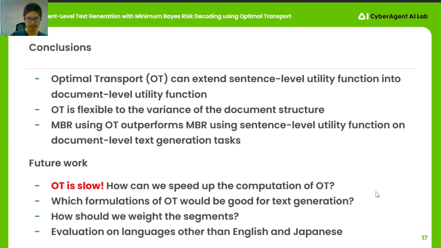Also, an important aspect is that we only worked on English and Japanese in our experiments. Optimal transport works because it is flexible with respect to the structure of the text or document, so it may depend on how documents are written in that language.